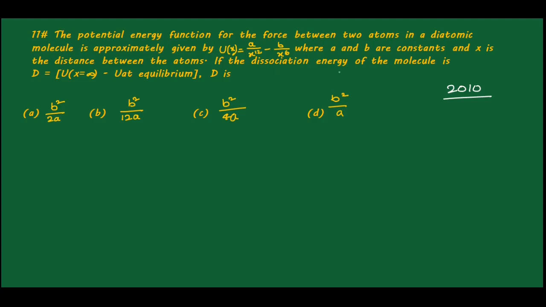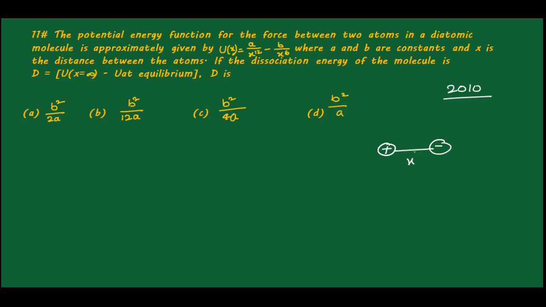Now understand what the dissociation energy is. It is given a diatomic molecule. Diatomic molecule means there are two atoms. Let us say one is a positively charged atom and one is a negatively charged atom, separated by some distance, let us say x. Then it is one diatomic molecule system. Now he is asking to find the dissociation energy.